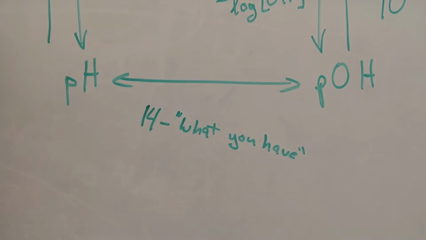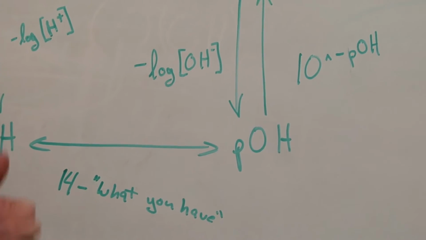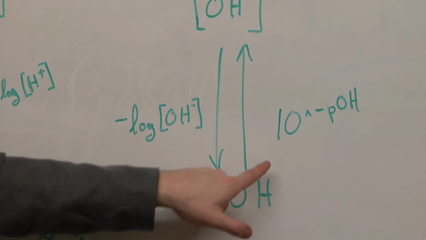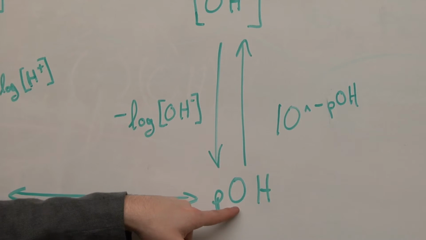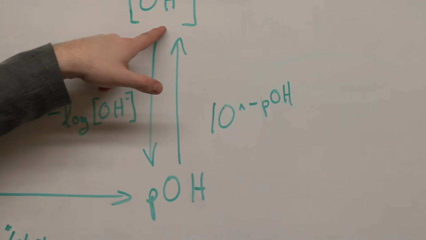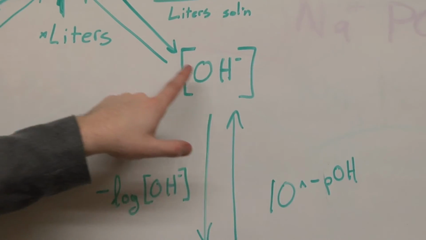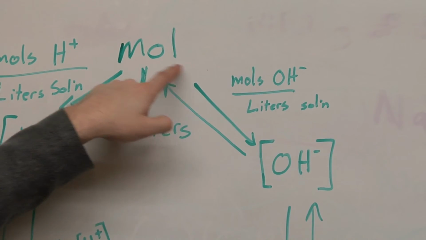And then as you go up the right-hand side, it is exactly the same as the left-hand side. On our way up from pOH, you do 10 to the negative whatever that number was. And that will give you the concentration. From there, you can take the concentration times liters in order to go up toward moles of OH.